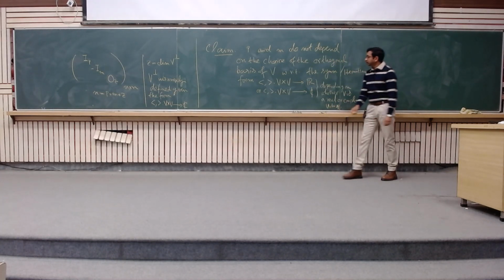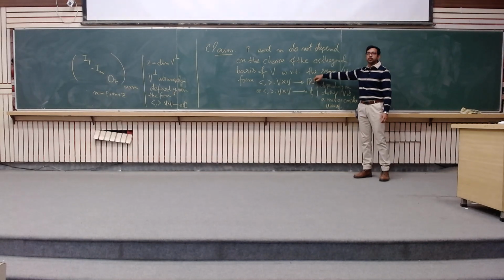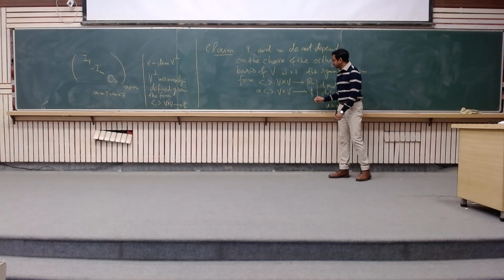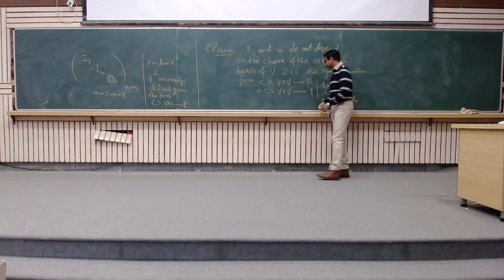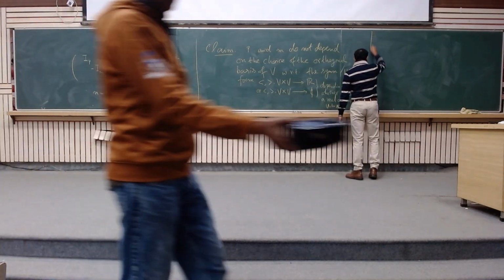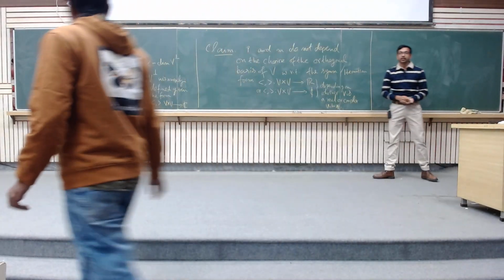If it is a real vector space, we take it as a symmetric form. If it is a complex vector space, we will say that the form is Hermitian. For which we are going to prove this claim.